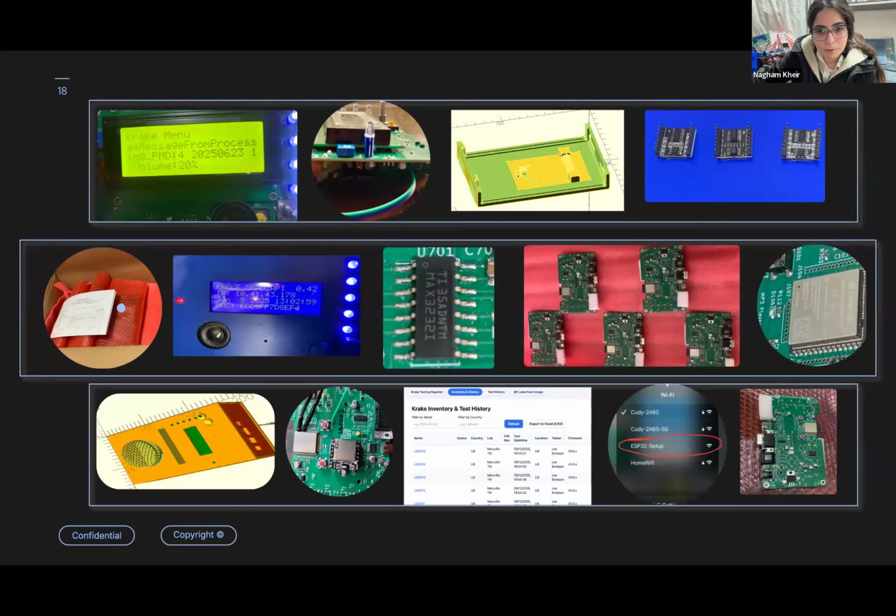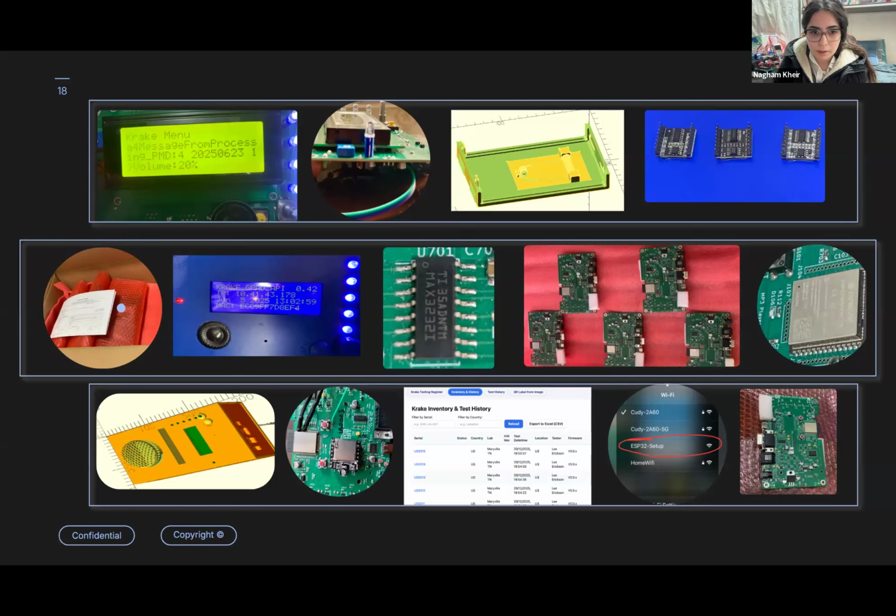Okay, this slide is mostly to acknowledge Krake team members' work and celebrate it with you. What we're looking at is a collection of efforts, and for example, in the left bottom corner, we see the enlarged enclosure done by our volunteer Courtney.